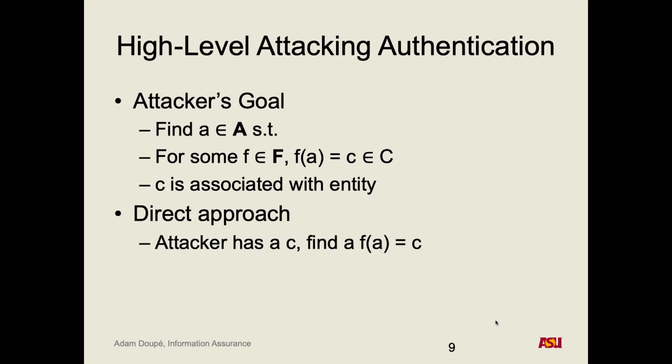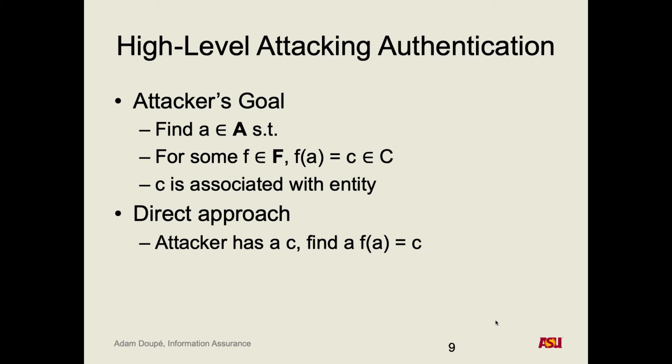Okay, so we can think about different ways to do this, and this is what we've been focusing on. If the attacker has complementary information, like in the case where the hashes on the server are leaked, then the attacker's goal becomes: find some A such that when you pass it through this function, the hash function, it gives you C. So you're saying find some A such that f(A) equals some C in the set C? Isn't the set C just the set of all possible stored values, rather than an actual valid password in the system?